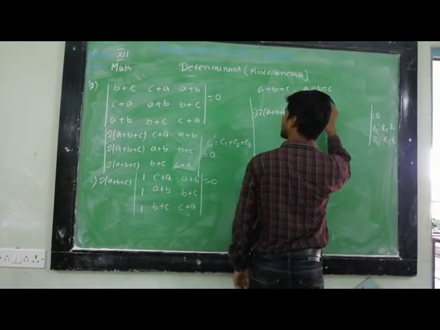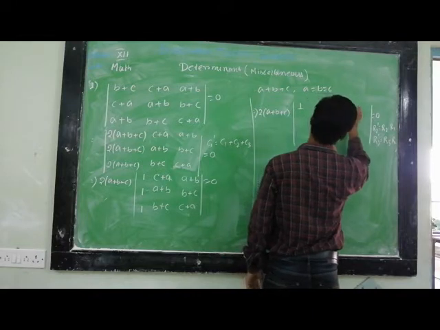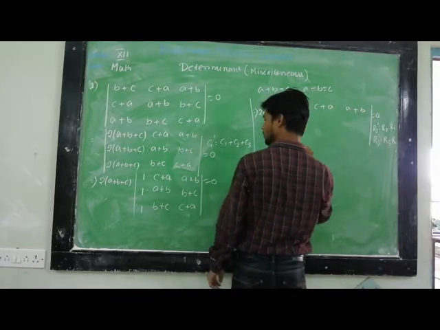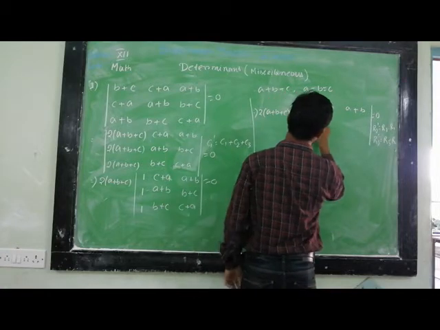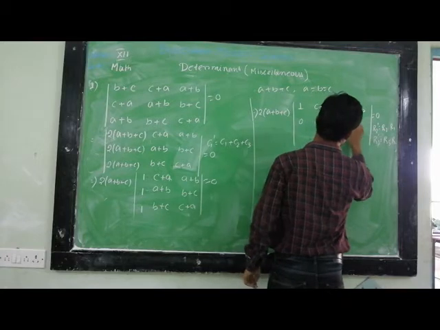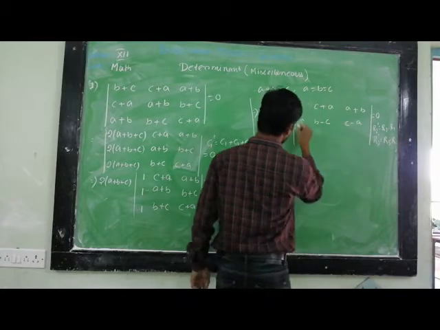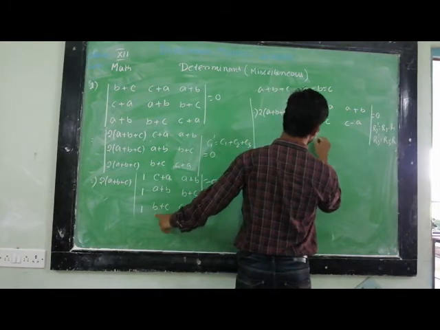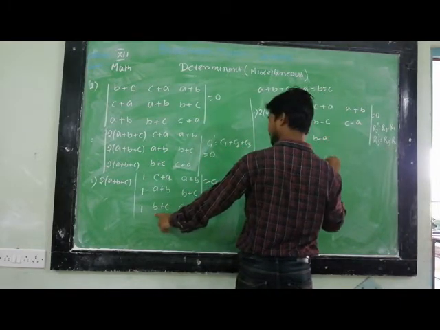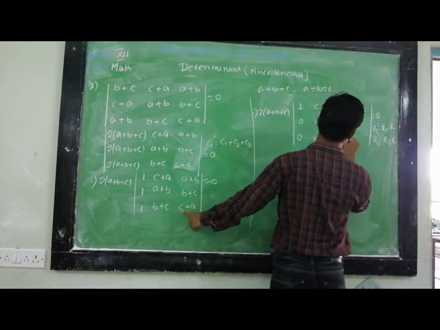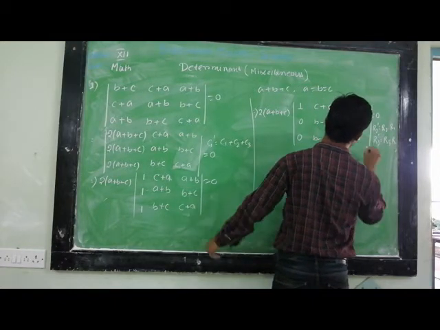The second row will be 0, B minus C, and here it will be C minus A. The third row will be 0, B minus A, and C minus B.